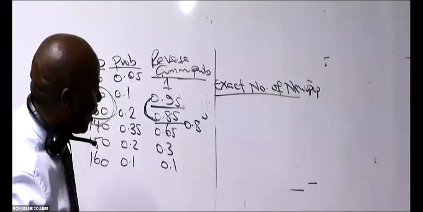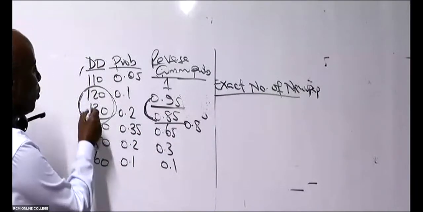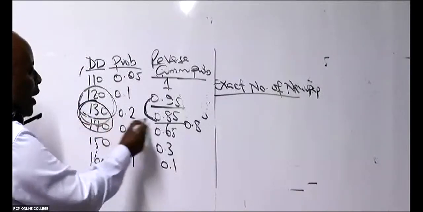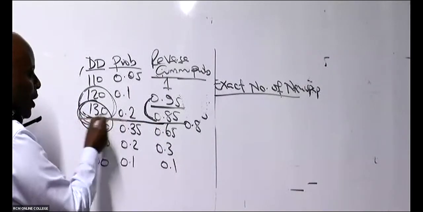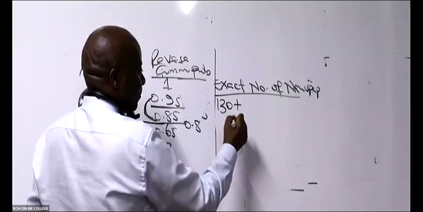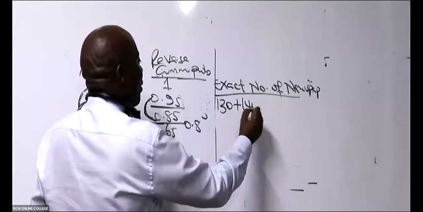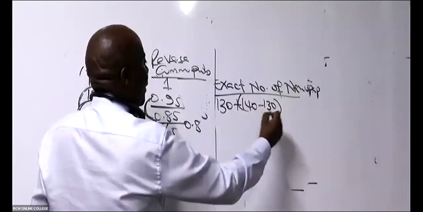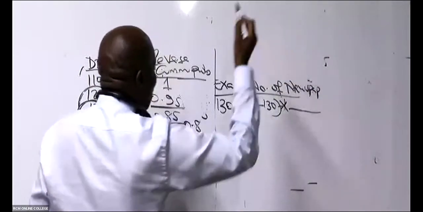So in this case, the newspapers I will buy will be between 130 and the one what here, somebody? 140. So we are talking of 130 plus the difference between the two numbers, 140 minus 130. Then I talk about my denominator.